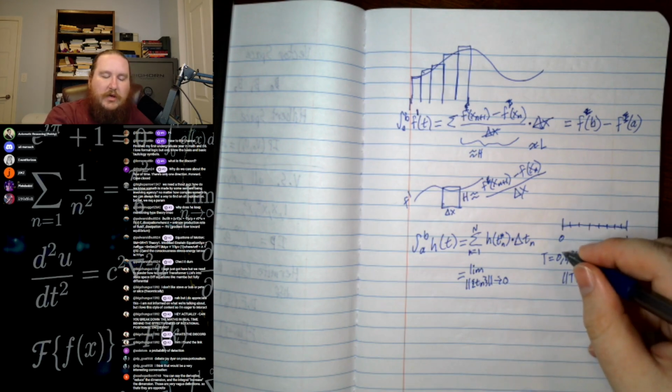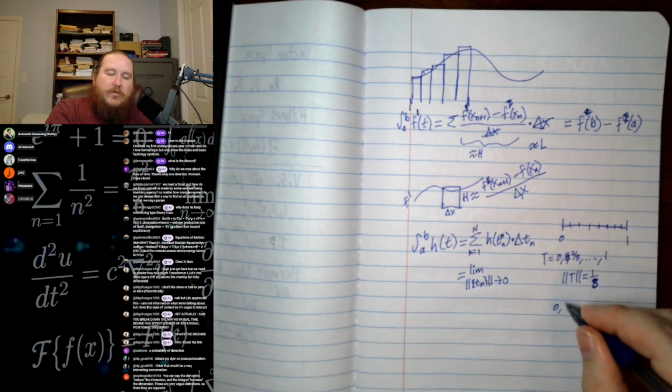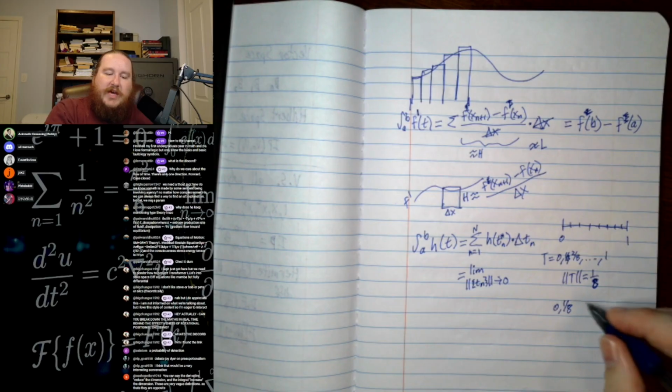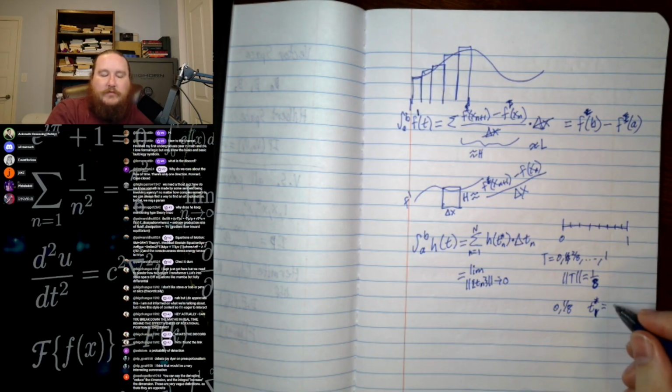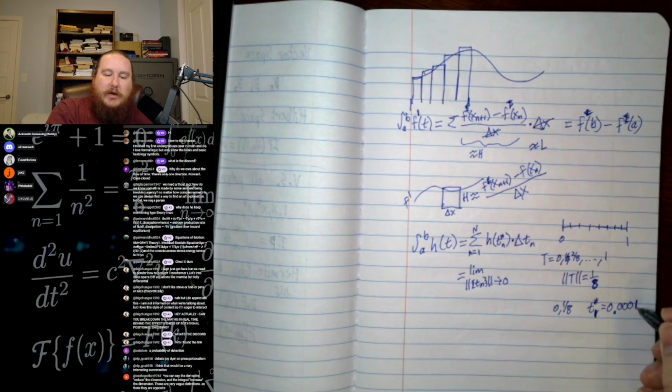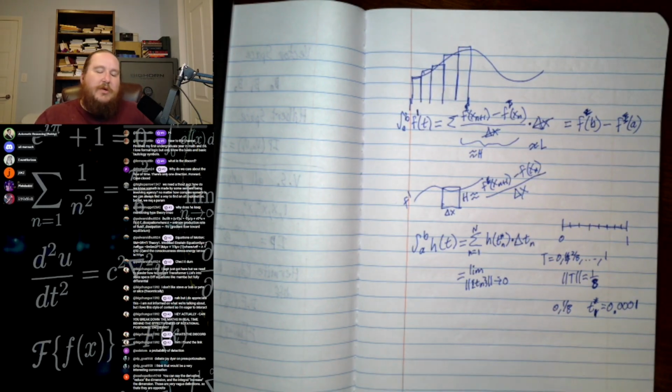When you're looking at 0 to 1 eighth, T_1 star could be anything in between, like 0.0001. That's in between the two, and that would be an example of a point that's picked between the two. Okay, I see.